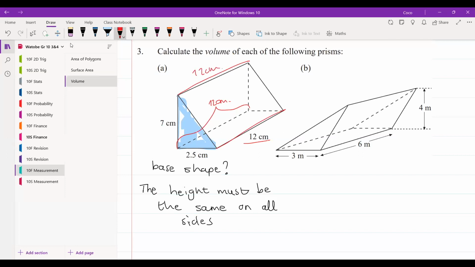And the height of that side over there, also 12 centimeters. So we can't use the rectangle at the bottom as our base. We're going to have to use our triangle as our base because the height is reflected the same on all sides. Correct, that's it. Because all the heights of all the sides of my triangle will be the same. No, Mawande, and we can't assume that.